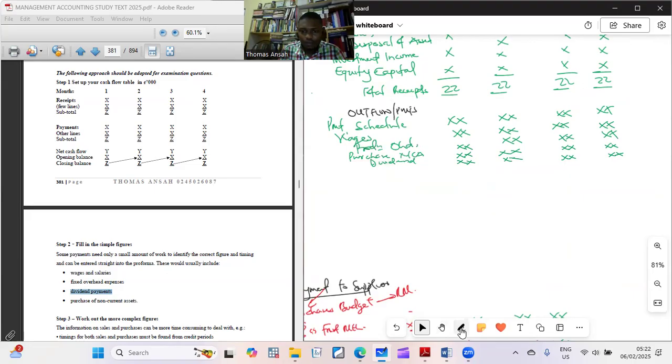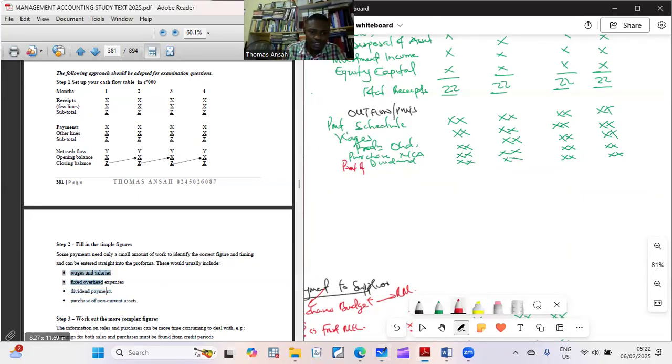So now that I have my outflow, it can be anything, all right? It can be payment. This time around, you are the one paying the dividends. So payment of dividend, you can be the one paying. You can buy an asset. It depends on the question, all right? So that is that. But one thing you should take note of is depreciation. Depreciation doesn't come to the cash budget.